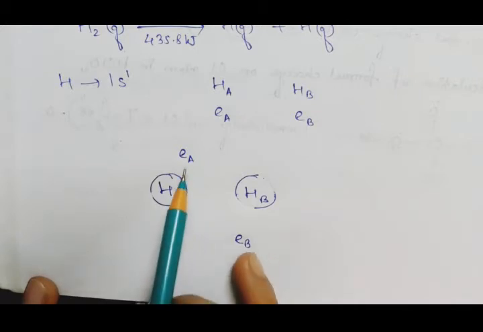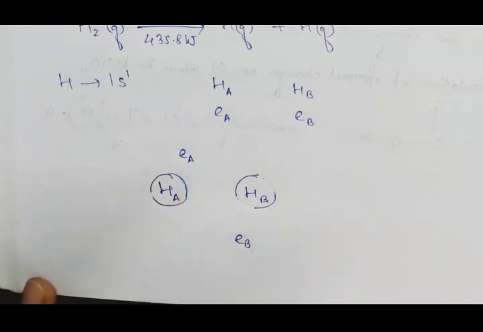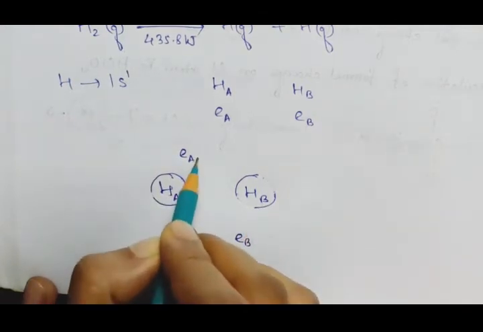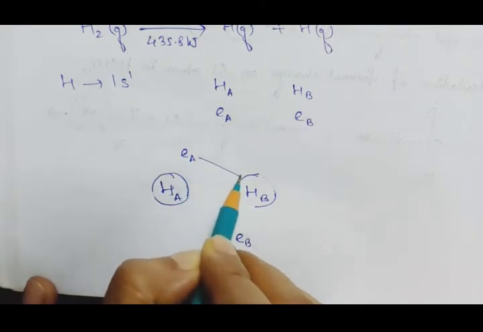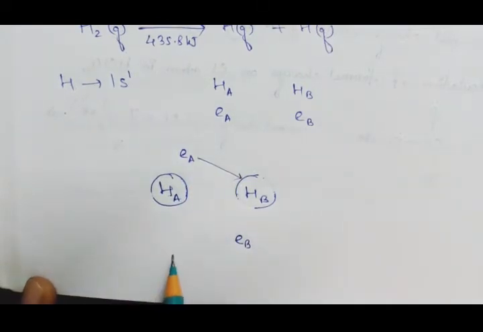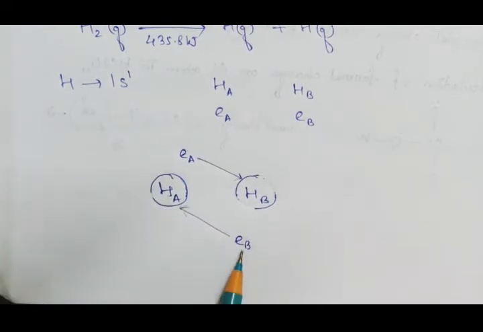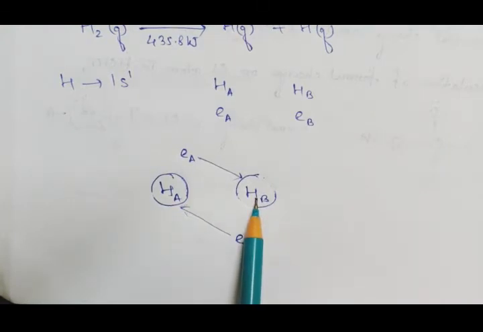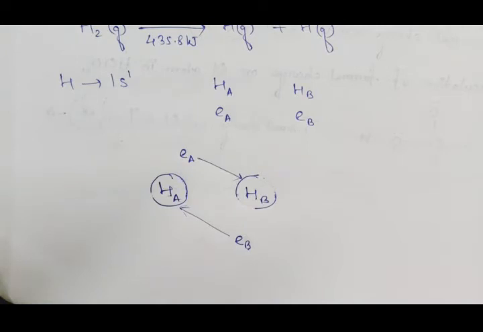There will be opposite attractive forces between the electron of this hydrogen atom and the nucleus of the other hydrogen atom. That means one force of attraction will be in this way and another force of attraction will be in this way. That means the nucleus of the A hydrogen atom will attract the B electron and the nucleus of the B hydrogen atom will attract the A electron.